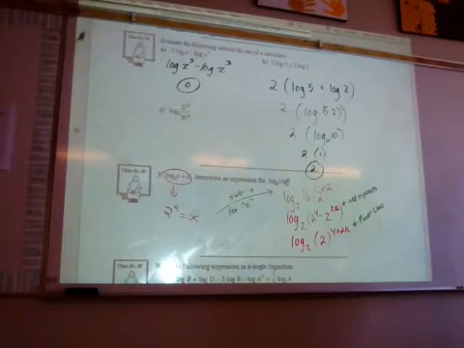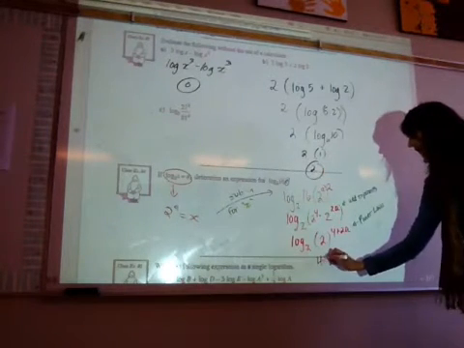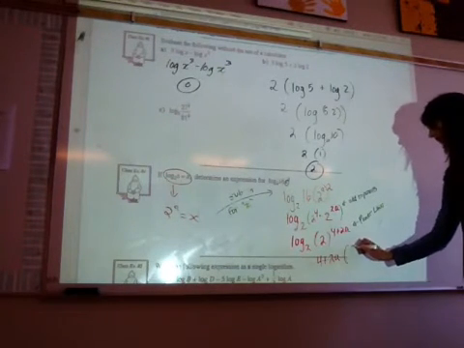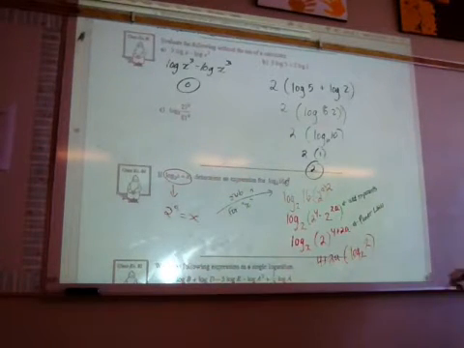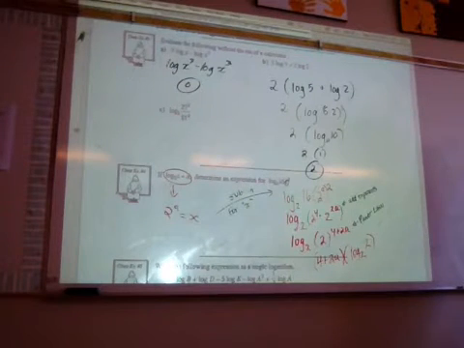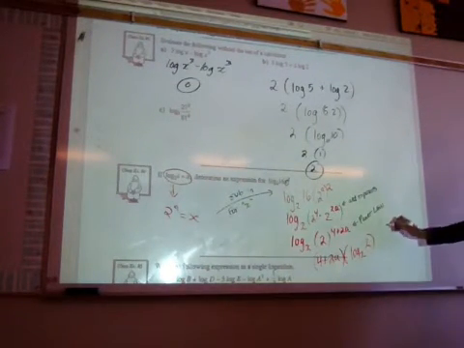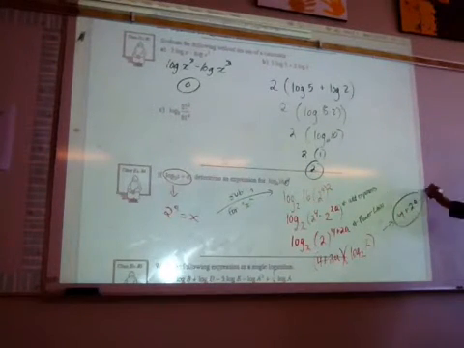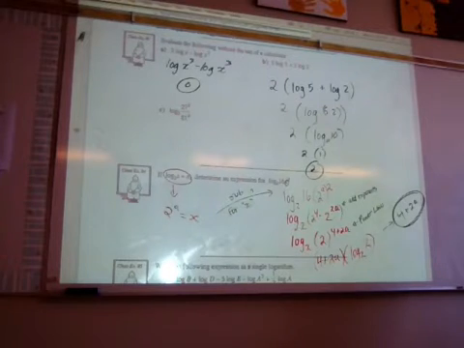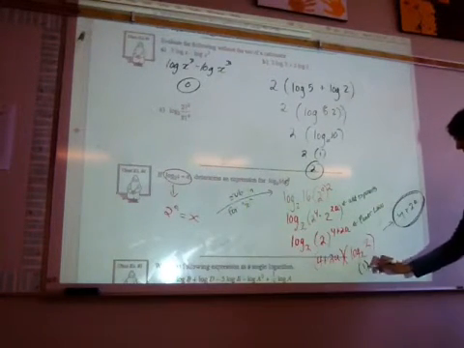So by applying the power law, I get 4 plus 2a multiplied by log base 2 of argument 2. And when you have the same base and argument, that just equals 1. So your answer is 4 plus 2a. This is work 1.